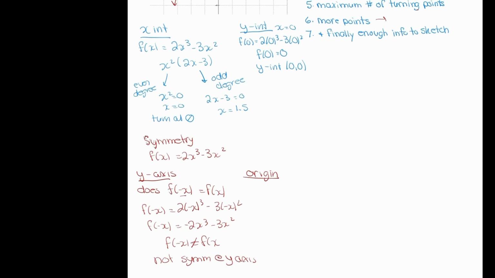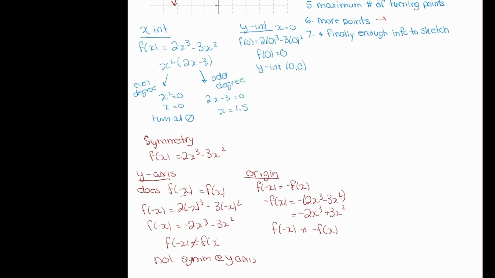Around the origin, remember, both your x's and your y's are changing values to be negative. So what we're looking for here is that our negative x values equal our negative y values. So negative f of x equals the negative of the whole thing, negative of 2x cubed minus 3x squared, which equals negative 2x cubed plus 3x squared, and they do not equal each other.